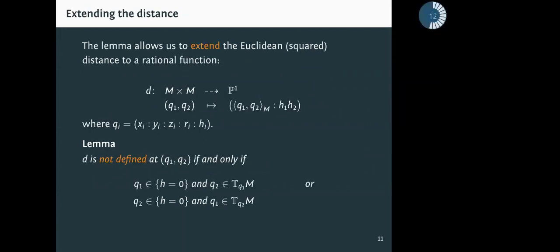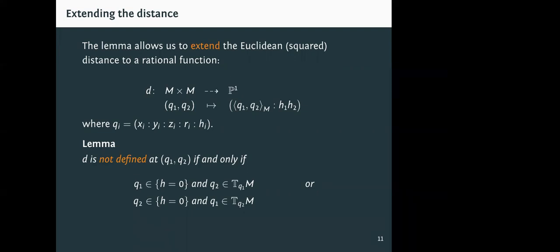So what do we do with this quadric and the bilinear form that it is associated with? What we can do is extend in this way the standard squared Euclidean distance to a bigger portion of M, bigger than R3 itself. The Euclidean square distance would in principle be defined for any pair in M times M coming from a pair of points in R3.